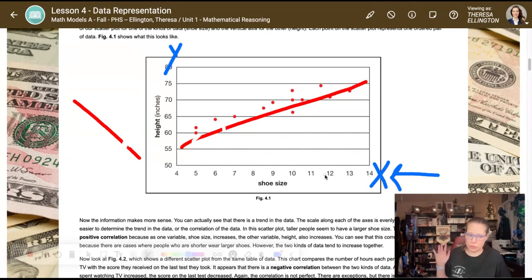Now, I know we don't control our shoe size or our height really, but generally speaking, the thing that we're changing would go there. And the thing that depends on that would go on the other side. This one, because neither one is really an independent or dependent variable, that's the way they're here.